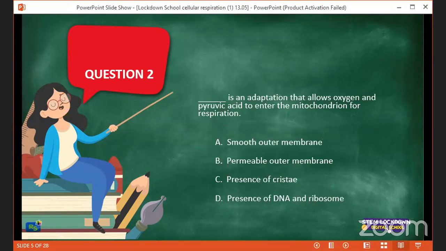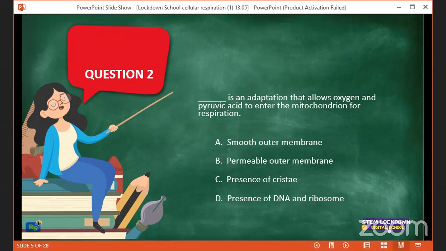So guys, I've just touched on this on the previous slide. Please send through your answers on the group chat. Is an adaptation into the mitochondrion for respiration. A, smooth outer membrane. B, the permeable outer membrane. C, presence of cristae.